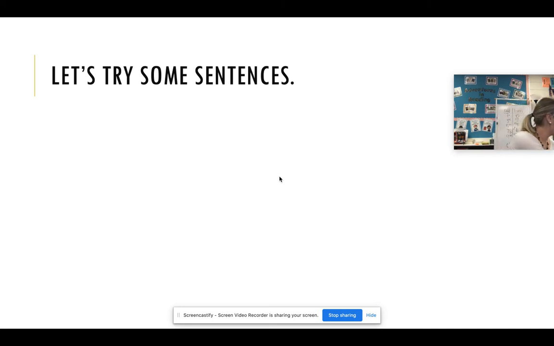Are you ready? Here we go. The ride whips and zips both of the kids.